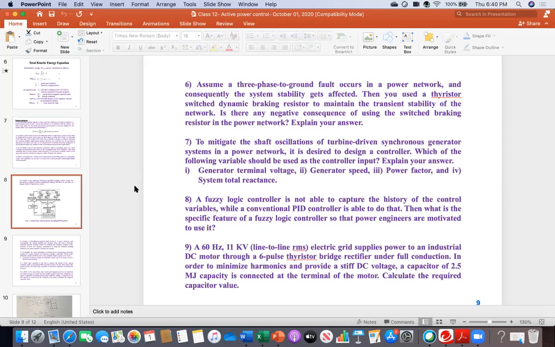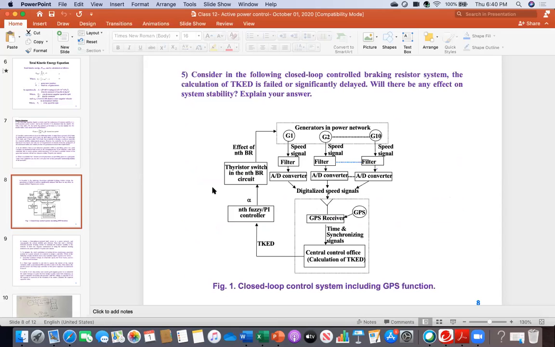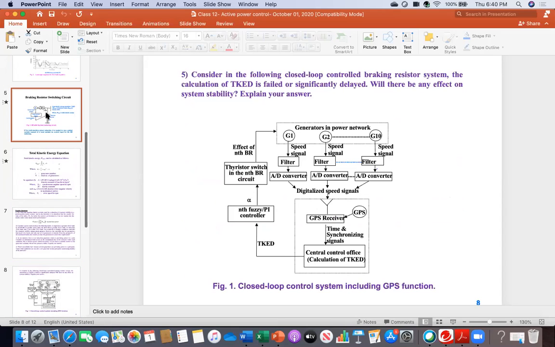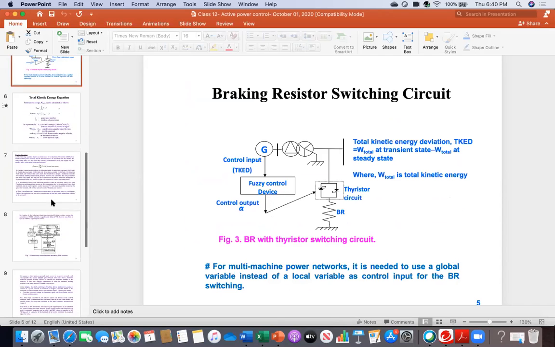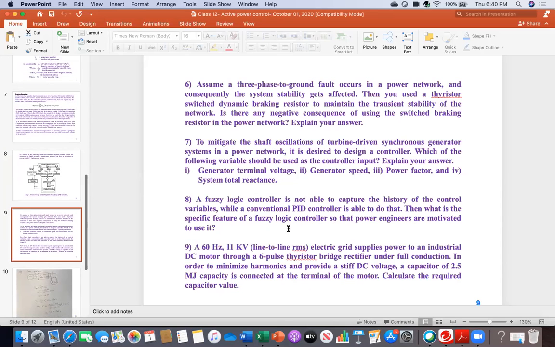In the literature, you will see a lot of applications of fuzzy logic controllers for the braking resistor. So what is the motivation behind that? I said a fuzzy logic controller is not able to capture the history of the control variables, while a conventional controller can do that.